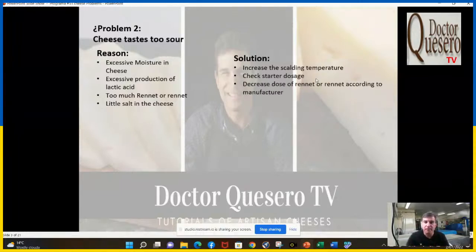If your cheese is too sour, another solution is to decrease the dose of your rennet. By decreasing the dose, your cheese will be not so bitter, not so sour. What I always do when I'm making this type of cheese is this: the manufacturer of the rennet always gives you a bandwidth, the low level and the high level.